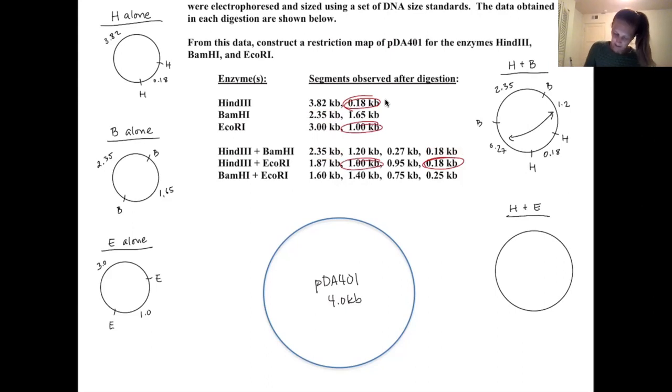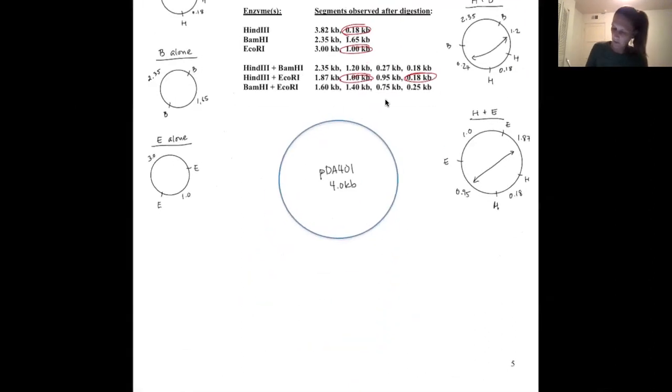So what that means is that, again, we're going to have our HinD with 0.18. And we have our EcoR1, which is 1.0. Then between them, we're going to have a 1.87 and a 0.95. But again, those could be swapped. We don't know. All right.